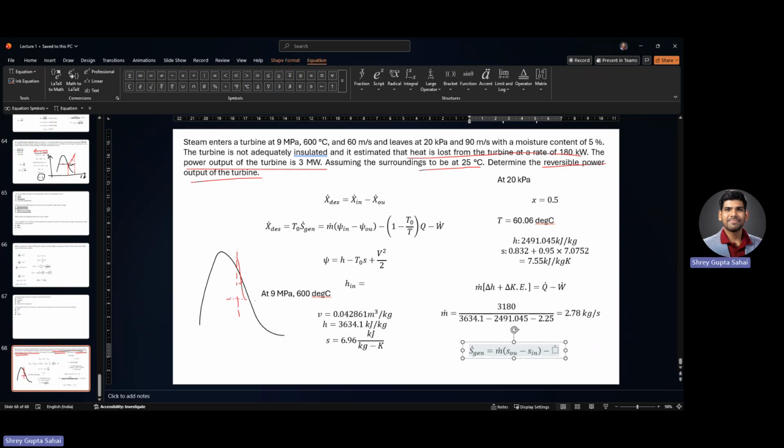Also I'll calculate quickly with 2.78. Let me take T naught common because we need to calculate exergy loss. T naught can come actually here.